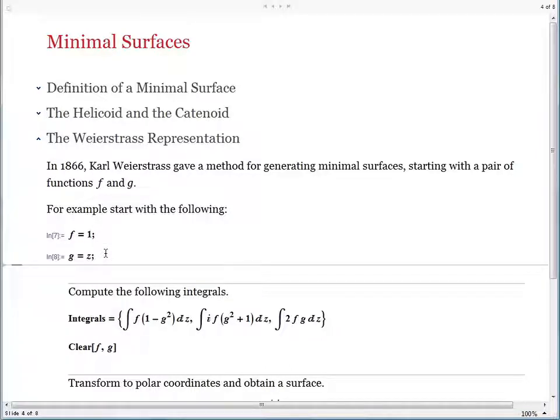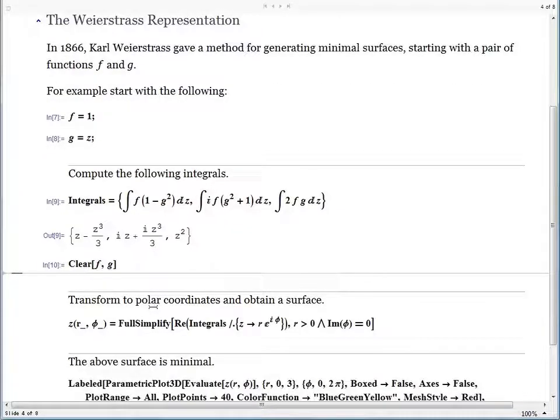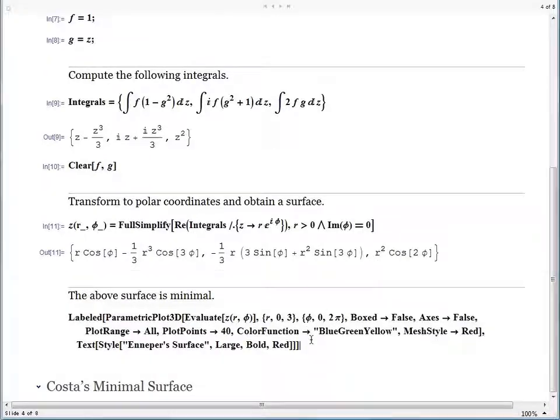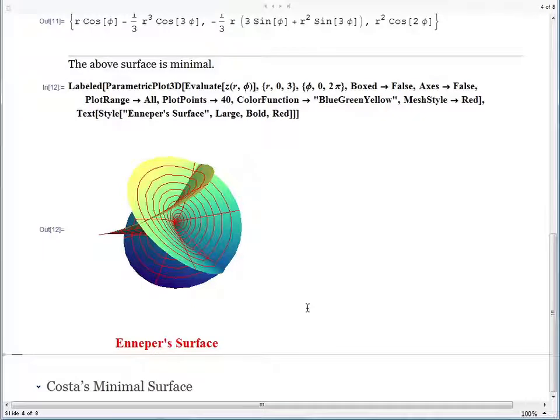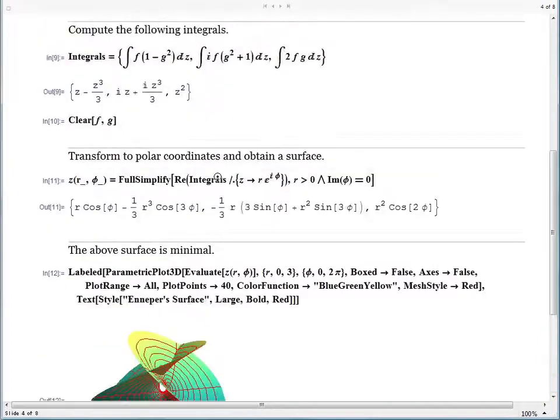And once we've taken these two functions f and g, then we compute these three simple integrals, which anyone can do if they know a little bit of calculus, and then we clear f and g because we do not require them anymore. And then what we do is I switch to polar coordinates, and then quite quickly what we get is a beautiful minimal surface called Enneper's surface. And of course what you can do is you can rotate the surface and admire its beauty.